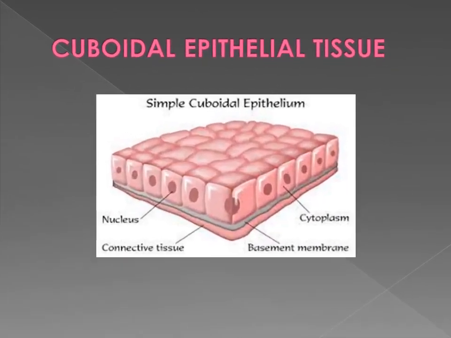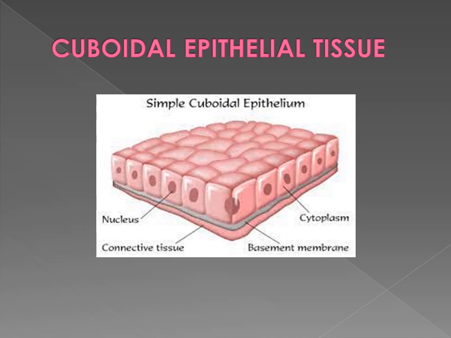Actually, this is the second tissue of the simple epithelial tissue. The first one is squamous epithelial tissue and the second one is cuboidal epithelial tissue. Have you heard this word cuboid in mathematics? The three-dimensional cube shape, you know. Here the cells are in cube shape.